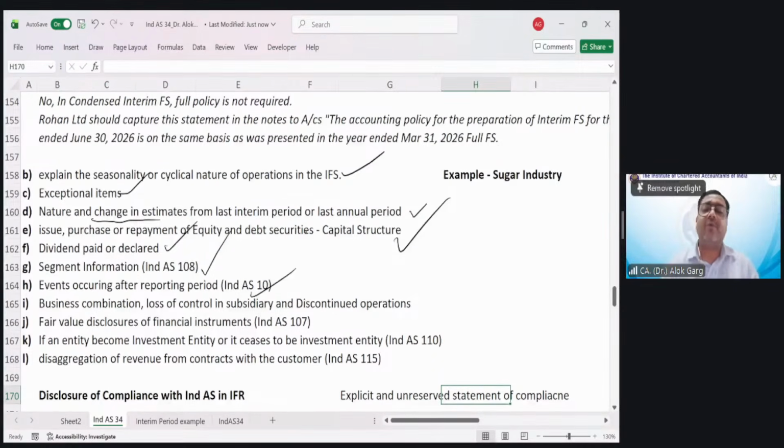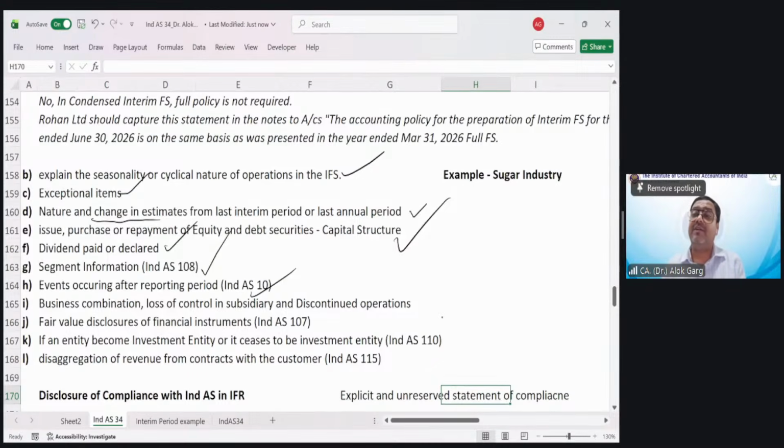Events occurring after reporting period. My dear friends, what is meant by event occurring after reporting period? We discussed in the last class. It is from the reporting date to the approval of the results date, approval of the interim financial statement date also. For example, the company has prepared the financial results for the quarter ended June 30, 2026.